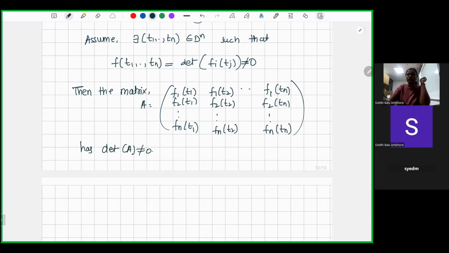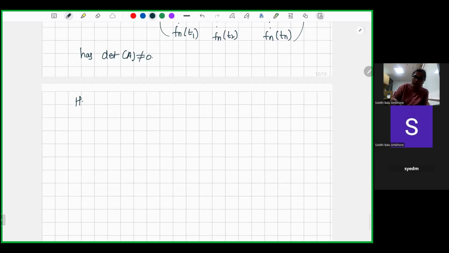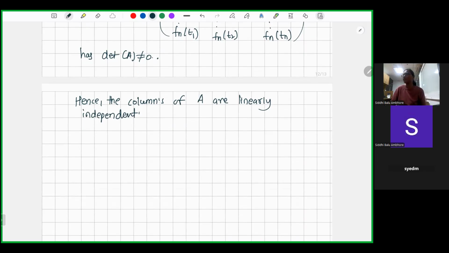That's what these two are equal, these two matrices. So its columns must be linearly independent. Hence, the columns of A are linearly independent, right?